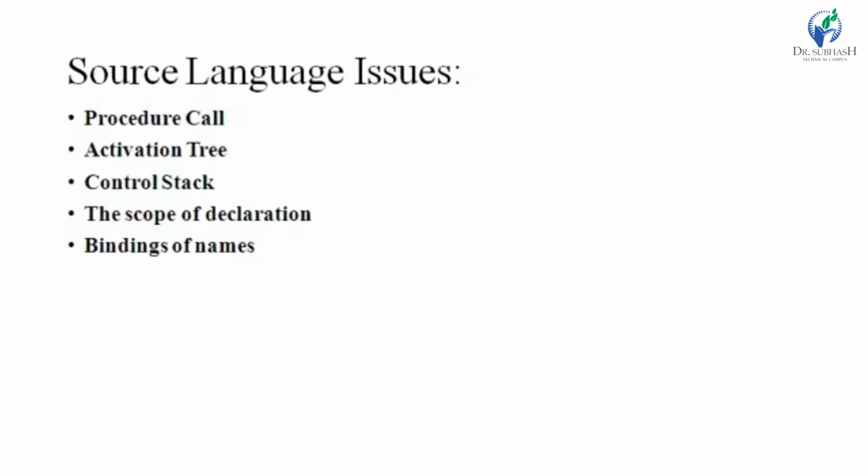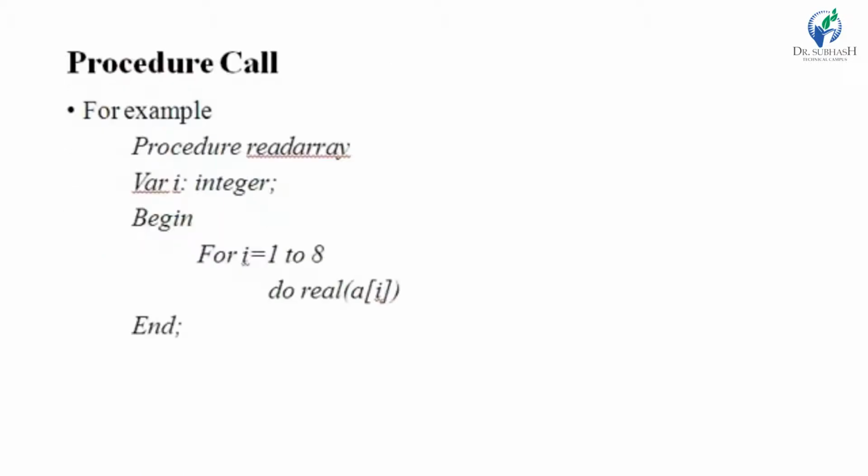A procedure definition is a declaration that associates an identifier with a statement. The identifier is the procedure name and the statement is the procedure body. For example, here is one definition of a procedure named read array.